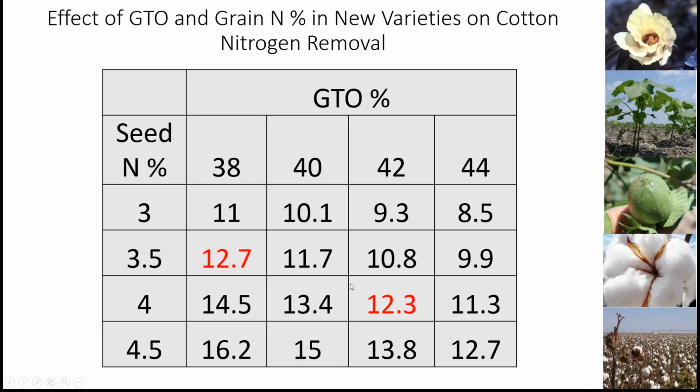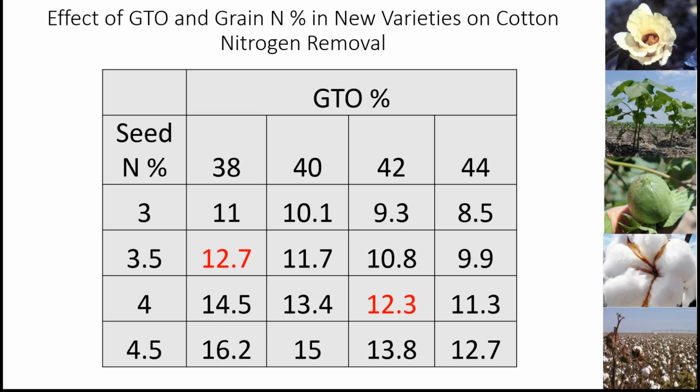So there's no justification of higher removal based on the new varieties because of that smaller seed. In fact, it is probably a slight improvement on the removal and hence efficiency of nitrogen use from those new smaller seeded varieties.